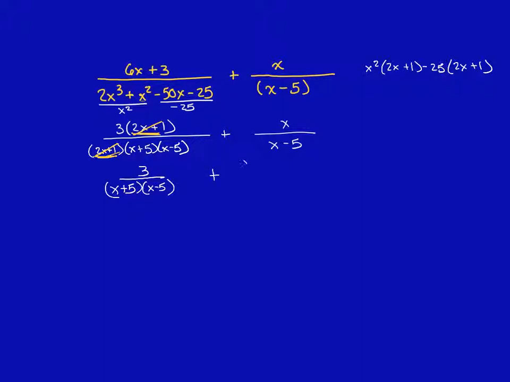Nothing simplifies in the second fraction, so x over x minus 5. Then you can see that we have the common denominator factor of x minus 5, and x plus 5 is missing. So we're going to multiply by x plus 5 over x plus 5. And this first fraction stays the same.